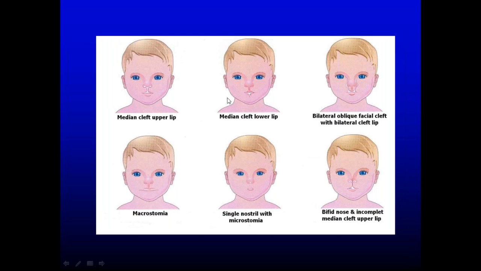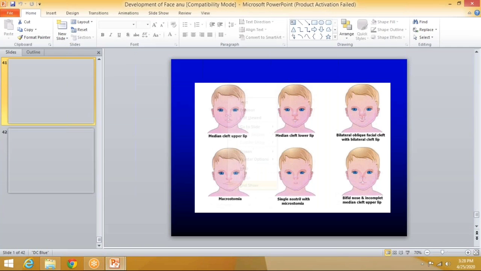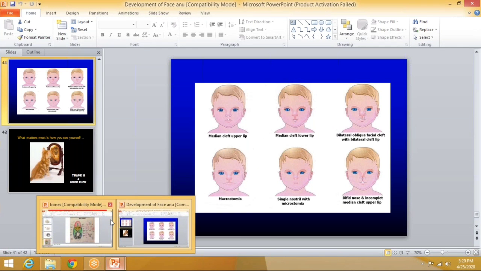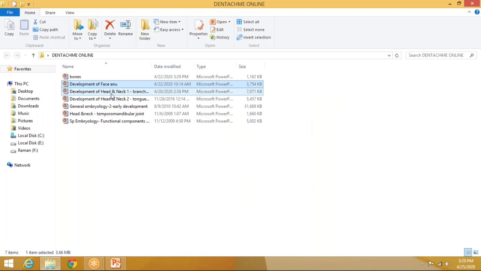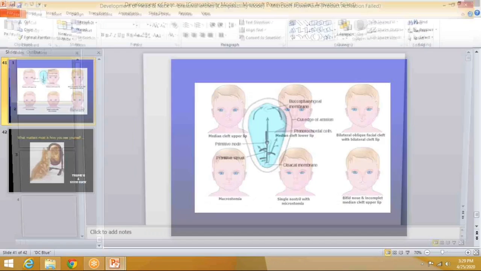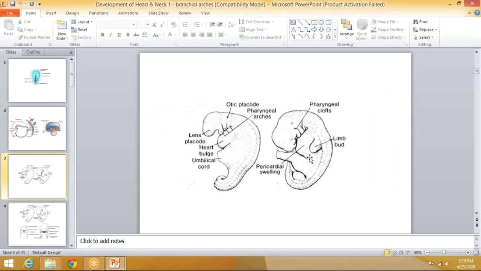So that's all for the development of face, starting with the next part. So starting with the pharyngeal arches. We have 6 pharyngeal arches. This is the lens placode.